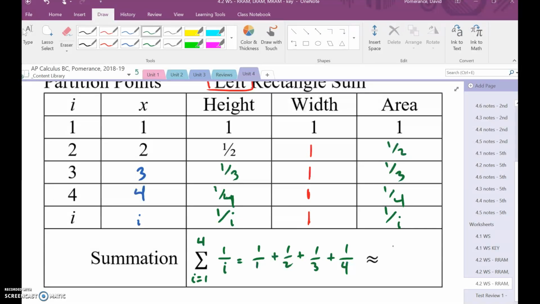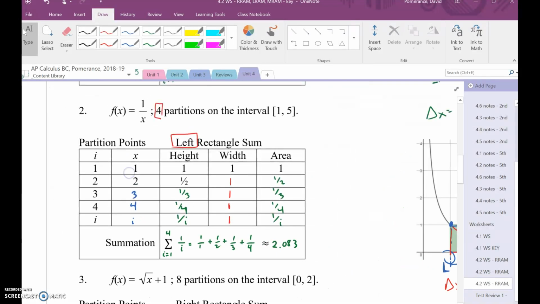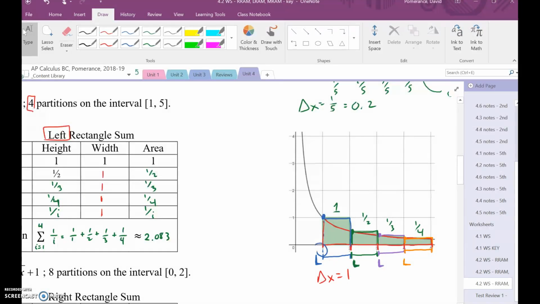And it tells me 25 over 12, which is approximately 2.083, or the exact value of 25 over 12. So that would be an approximate value of the area bounded by the curve 1 over x from the interval 1 to 5. It's too big of an answer because each one of those rectangles sticks up over the curve, but it's at the very least an approximation.